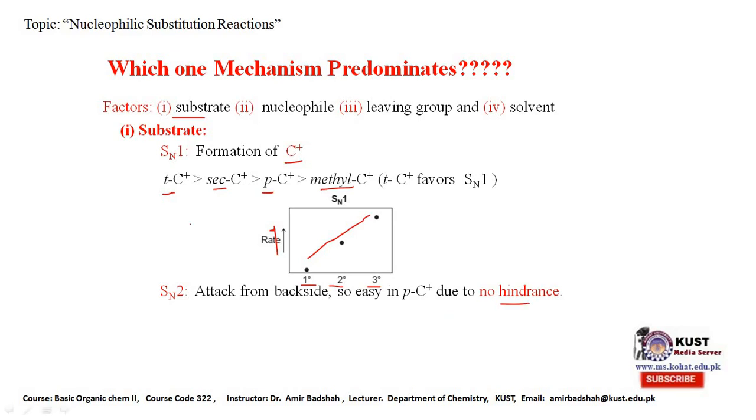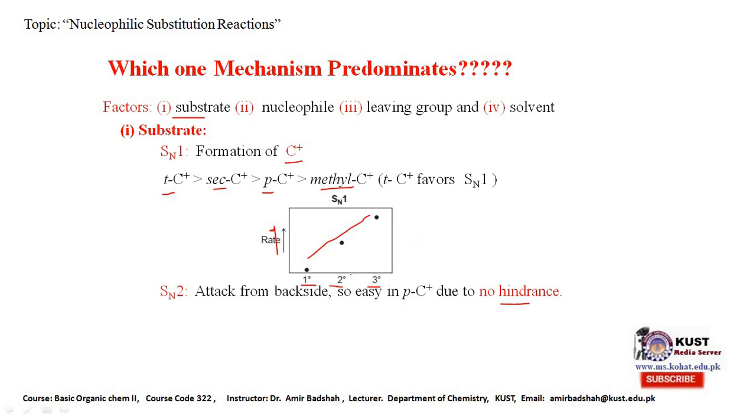In case of a substrate which results in a tertiary carbocation, there is hindrance for the nucleophile to attack. But in case of methyl or primary, there is no hindrance for the nucleophile to attack.